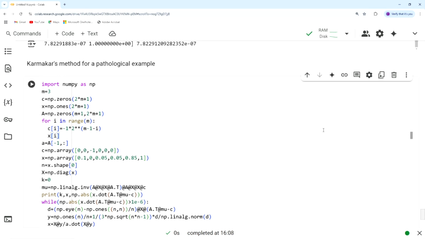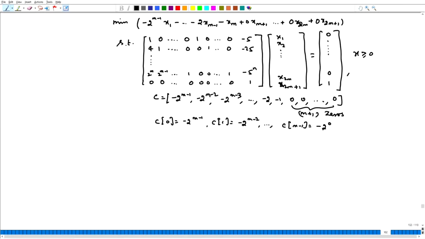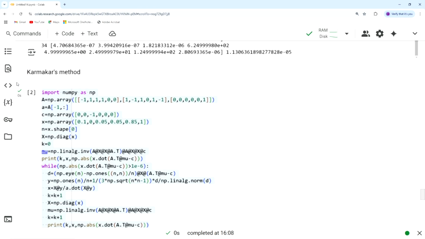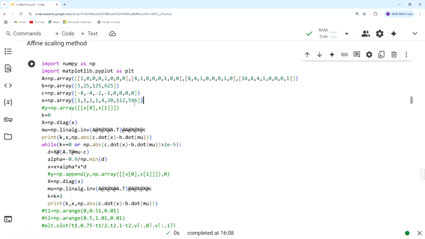So, for xi, we have to choose an interior point, right. I think we did that a little while ago for the affine scaling method. Let us check if we have it as such. Yeah, we have it. If you recall, we initialized x1 to xm to be 1, and the remaining ones in such a way that Ax is equal to b, right.